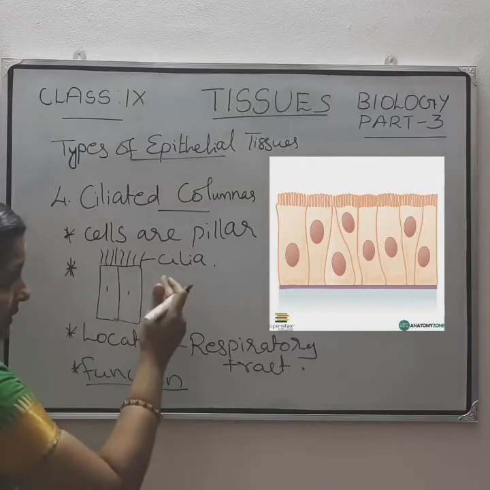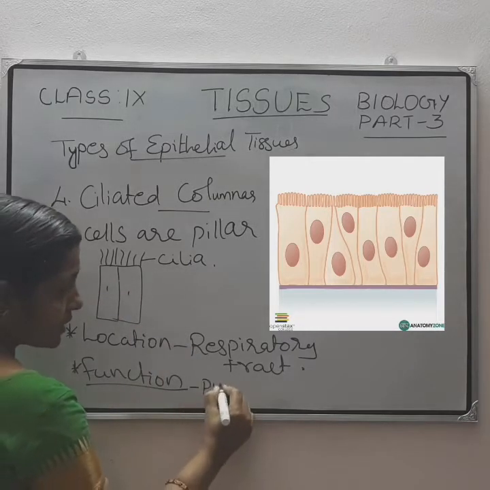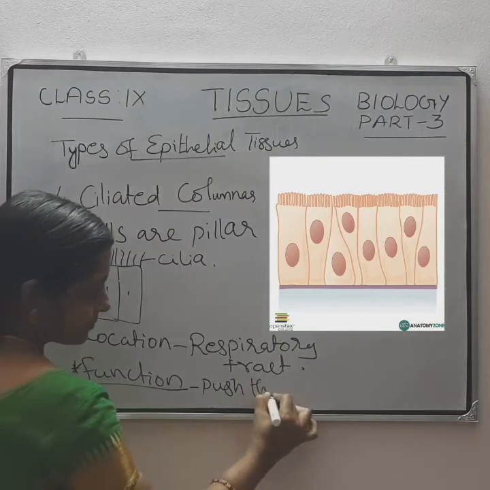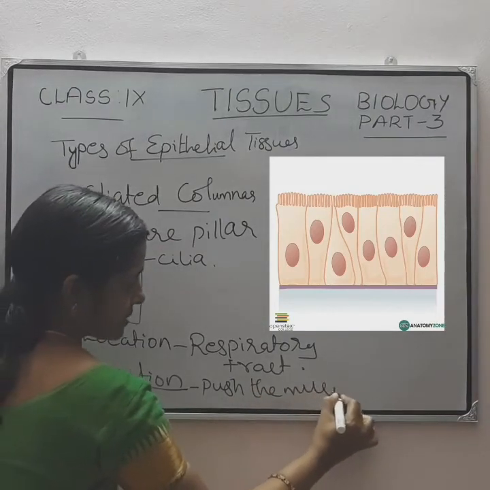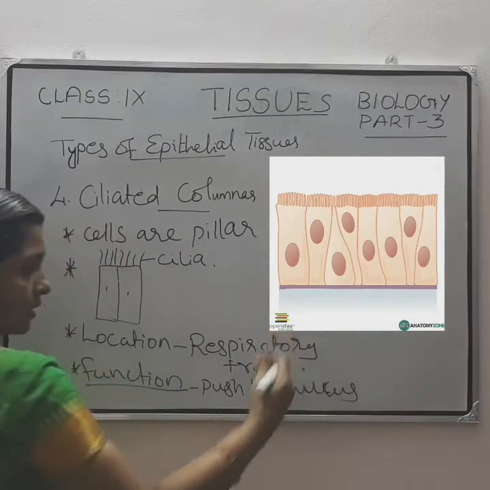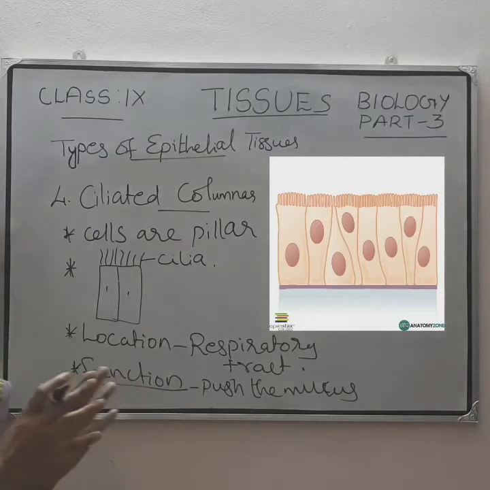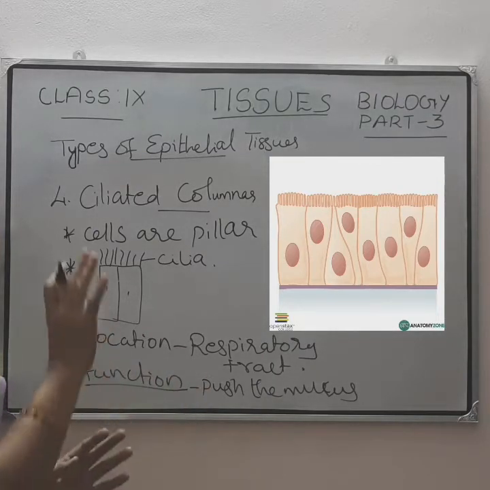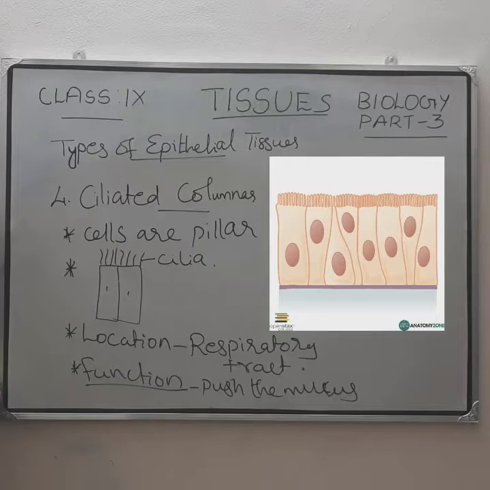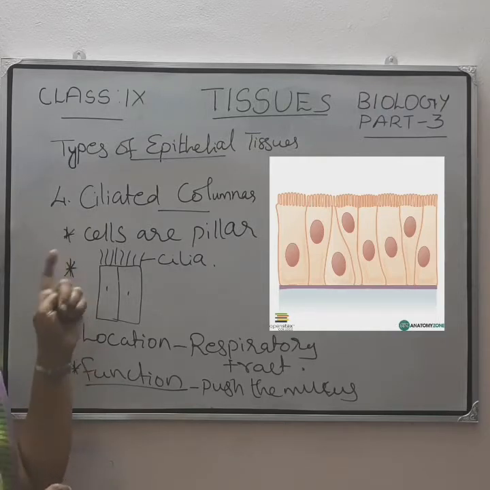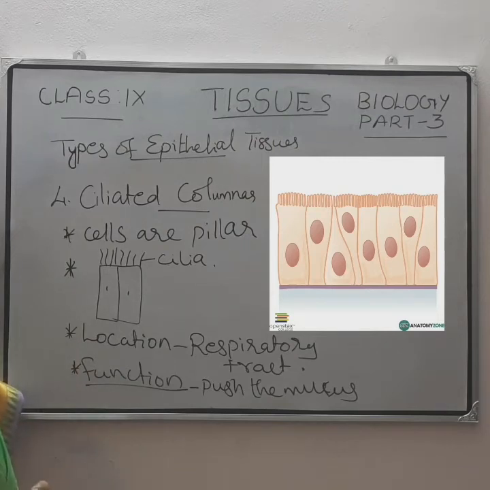So these cilia push the mucus of the respiratory tract forward. That is, they clear the respiratory tract so that there is an easy way to transport the gases. That is the function of these ciliated columnar epithelial cells.